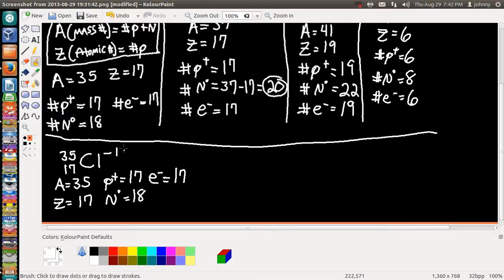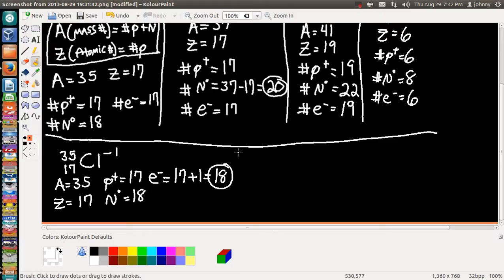But look, I have a -1 charge. That means I've got one more electron. So I'm going to put not a -1 here, but a +1 there. The reason being is I've got one more electron. And remember, electrons are negative. So the total electron count here is actually 18.